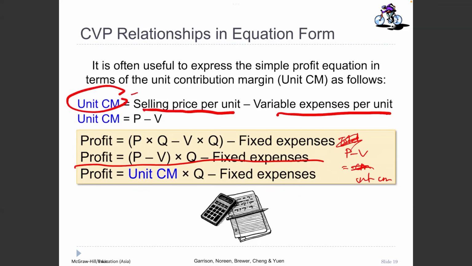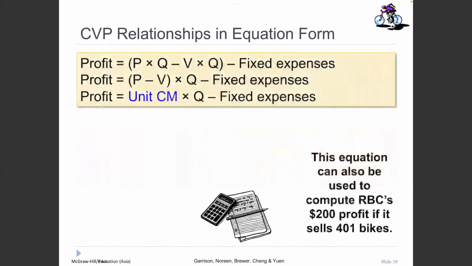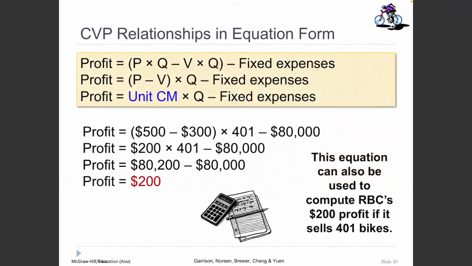Unit CM means this is for one unit only. This equation can also be used to compute RBC's $200 profit if it sells 401 bikes. This is the one that I have shown you earlier.